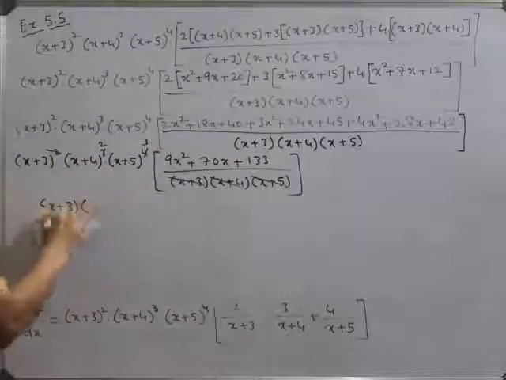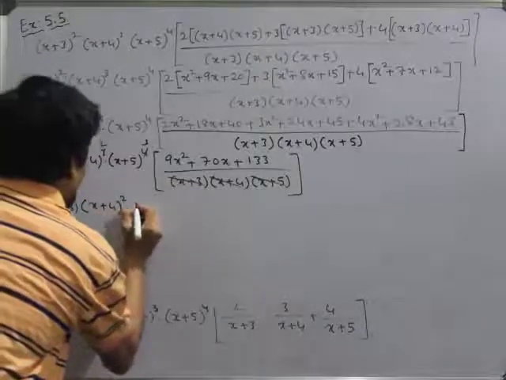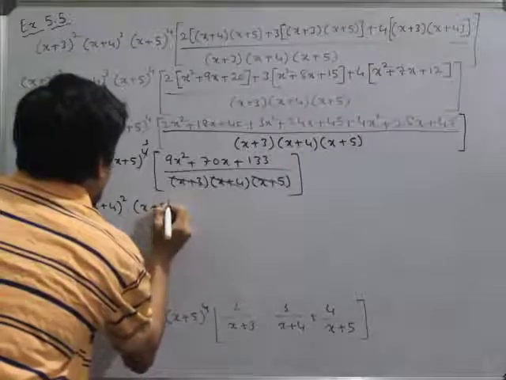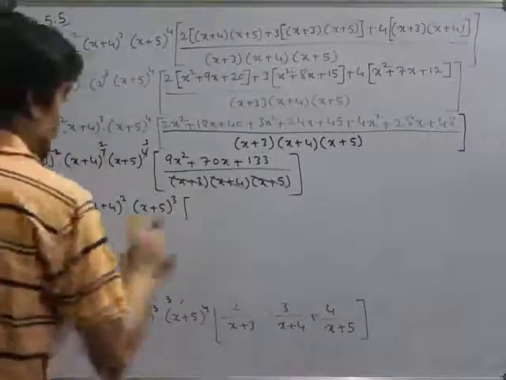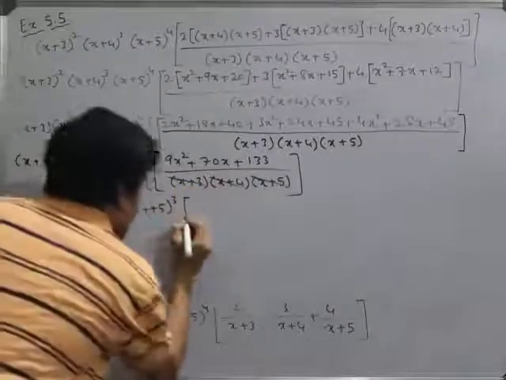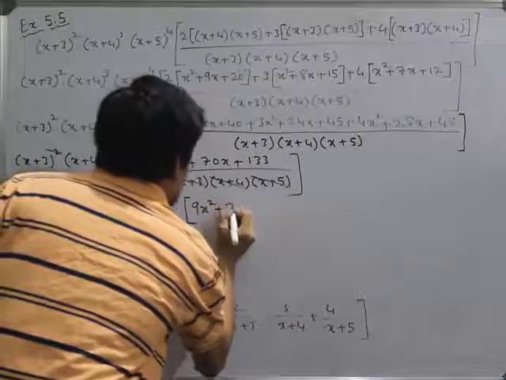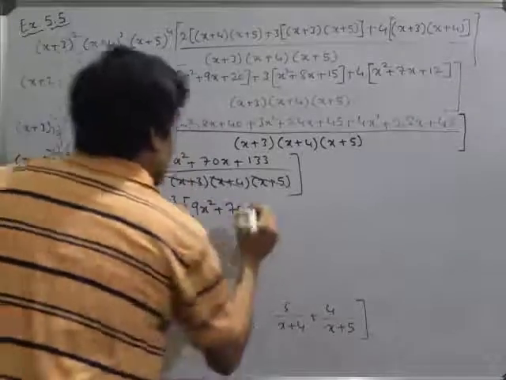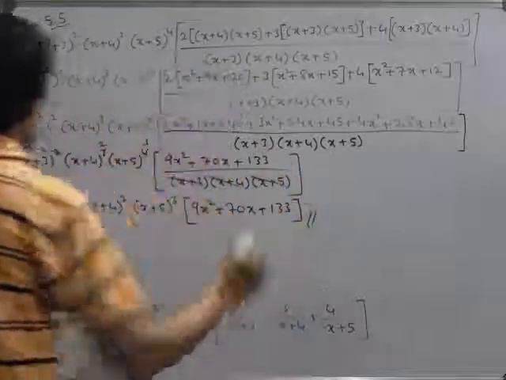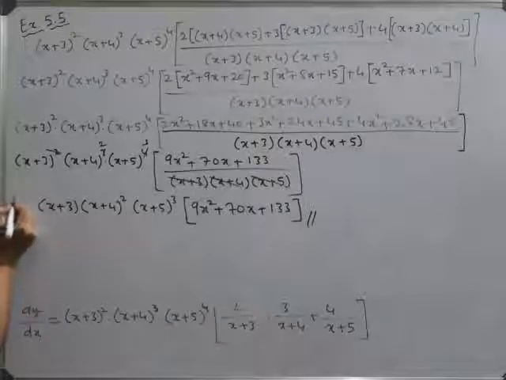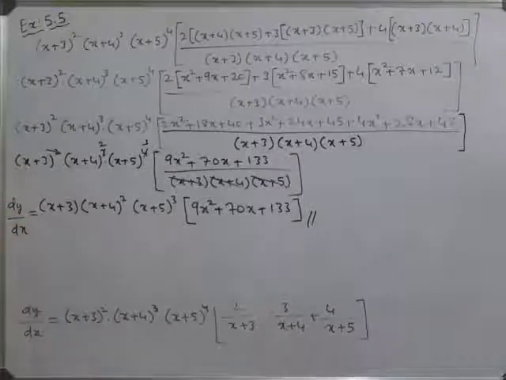So (x+3) into (x+4)^2 into (x+5)^3 into, we put round brackets, 9x^2 plus 70x plus 133. So this is your final answer. This is what dy by dx is equal to.